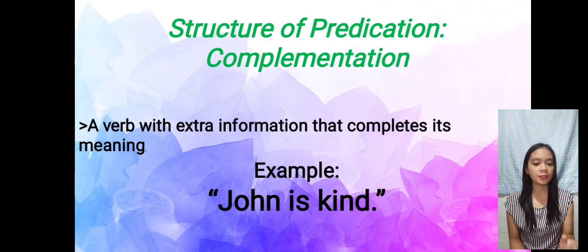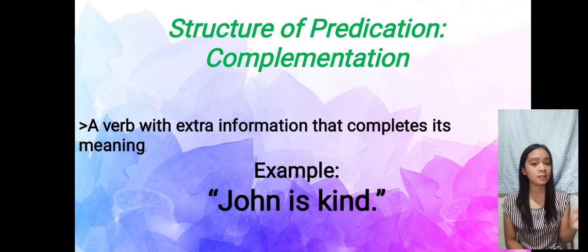If we will just say John is, bitin, diba? Pero kapag sinabi natin na John is kind, buo ang thought. So, the word kind completes the verb is. Is our verb, it is a linking verb. That's why we call it complementation, because it completes the idea.